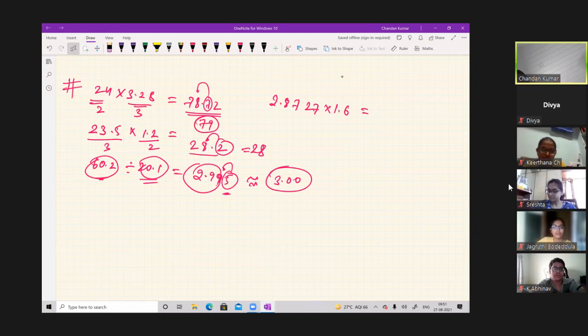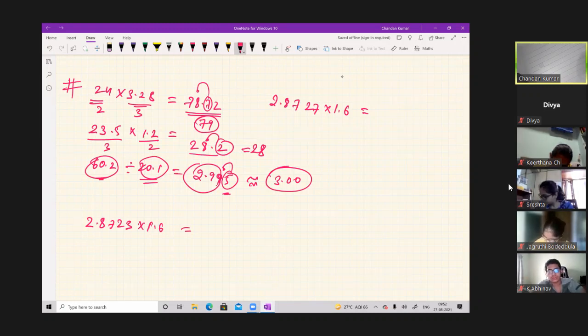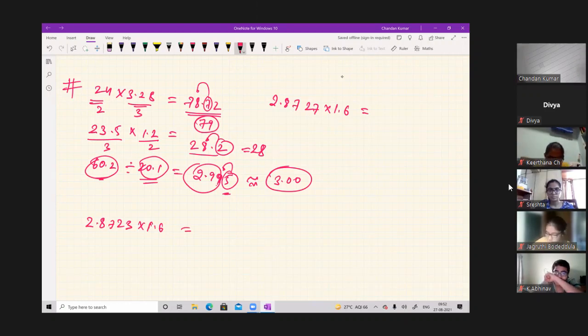Solve this: 2.8723 into 1.6. 4.6. But it is 4.6.